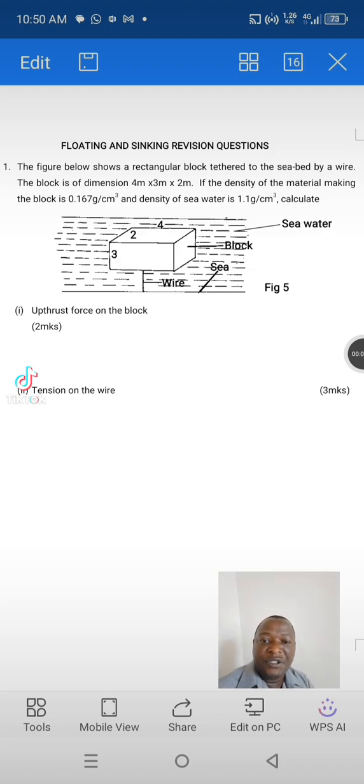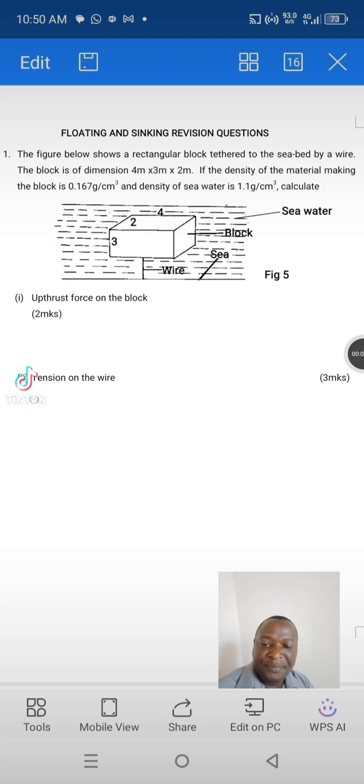For us to be able to solve this question, we must have an understanding of Archimedes' principle. How does Archimedes' principle state? It states that when a body is partially or fully immersed in a fluid, it experiences an upthrust force equal to the weight of the fluid displaced.